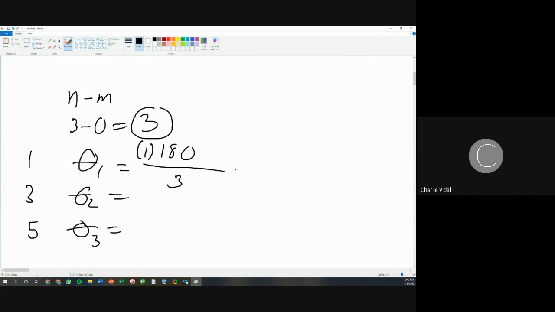So 180 divided by 3 is 60. The second value, theta 2, is 3 times 180 divided by 3, which is simply 180.